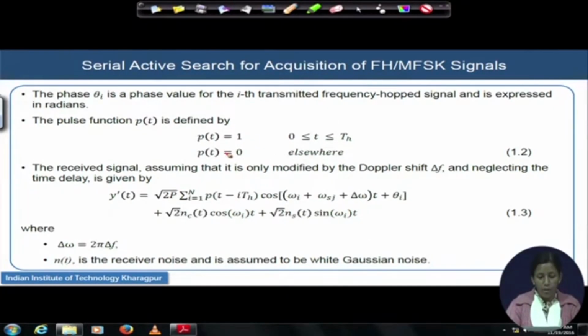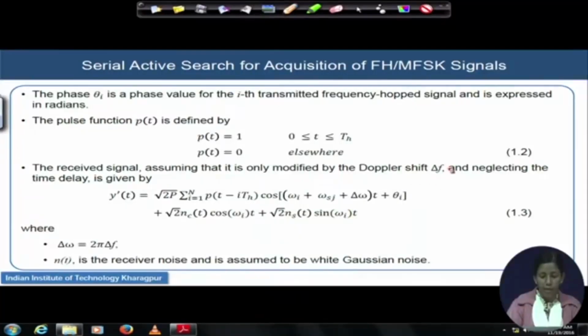And if we assume that the received signal is also affected by the Doppler frequency, and it is having a Doppler shift of del f, and there is no timing delay associated with it. If I first only introduce changes due to the Doppler shift, then the received signal y'(t) will be written like this.